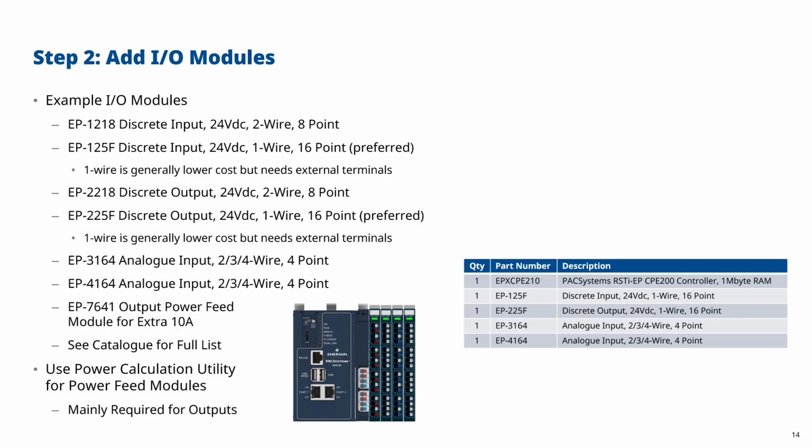Now that sounds complicated, so there is a power calculation utility we have which you can use to calculate exactly how many of those power feed modules you need. So for more complex and larger applications, particularly if you've got lots of outputs, you can use that power calculation utility. And that's available either as a separate download, or you can use PAC Machine Edition, and it's part of our PAC Machine Edition programming suite.